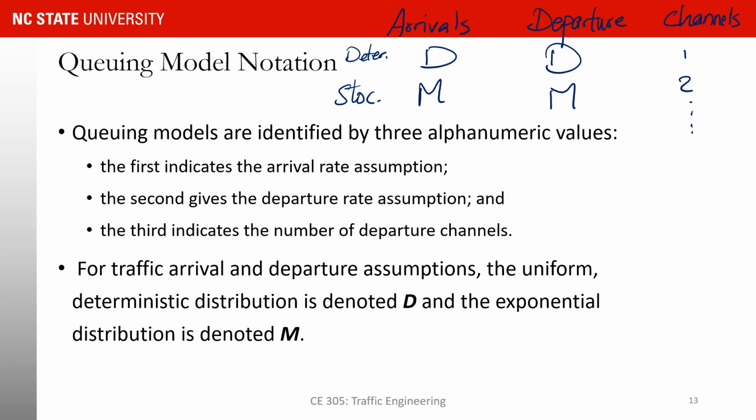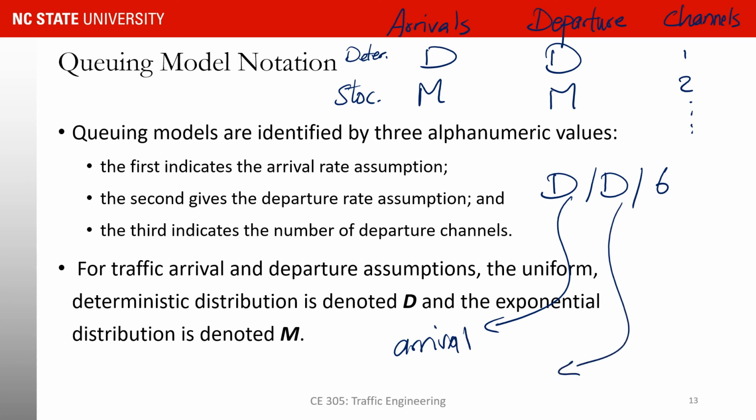With a combination of these alphanumeric values, we can define a queue. So if I tell you I have something like D6, that means my arrival is deterministic, my departure is deterministic, and I have 6 channels.